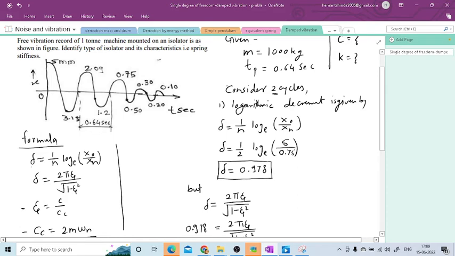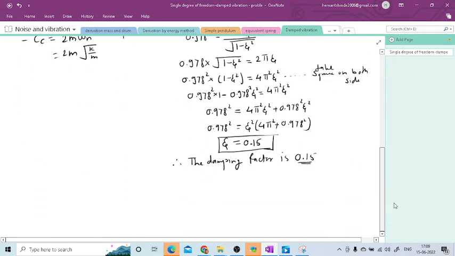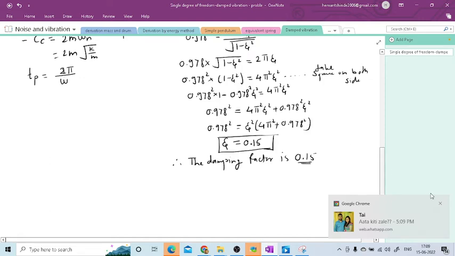Just see this time period. The time period which is given is 0.64. Now from this time period we'll see what we are going to get. Time period is nothing but 2 pi by omega. But the system which is given for us is a damped system.